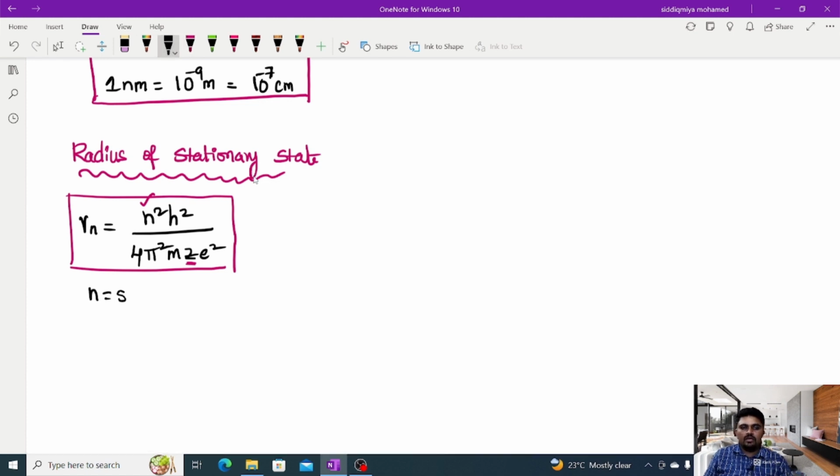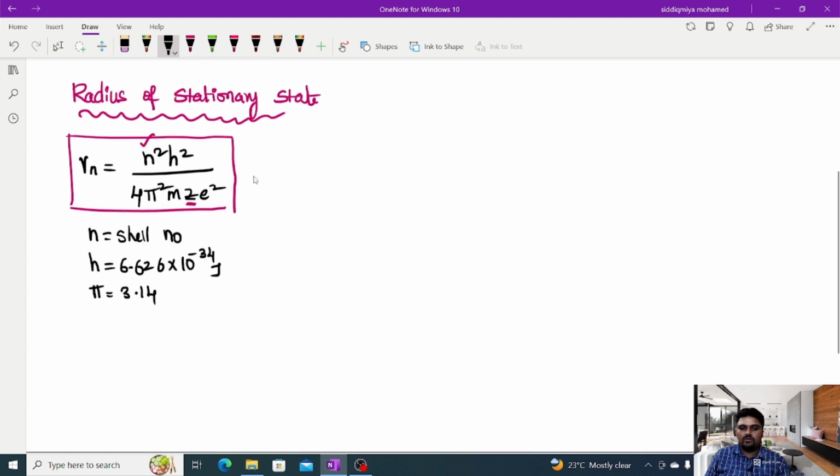In this, n means shell number or orbit number, and h means Planck constant, 6.626 into 10 power minus 34 joule second, and pi means 3.14, and m means mass of electron. What is the mass of electron, dear students? 9.1 into 10 power minus 31 kg.